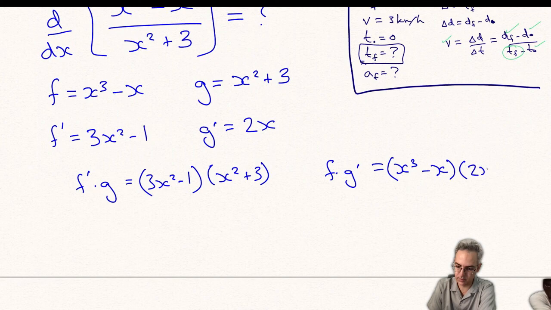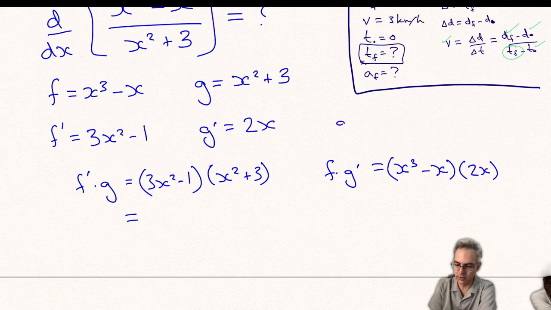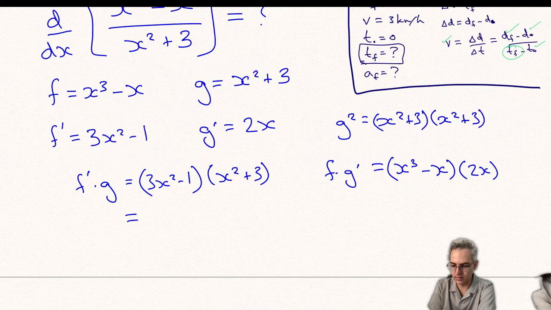Times 2x. Yeah. So now we can expand these. So what is the expansion of these? And I guess we have g squared. We could also do g squared, which is x squared plus 3 times x squared plus 3.